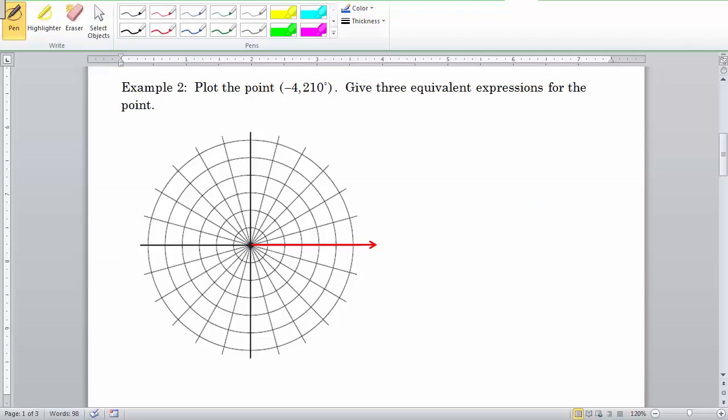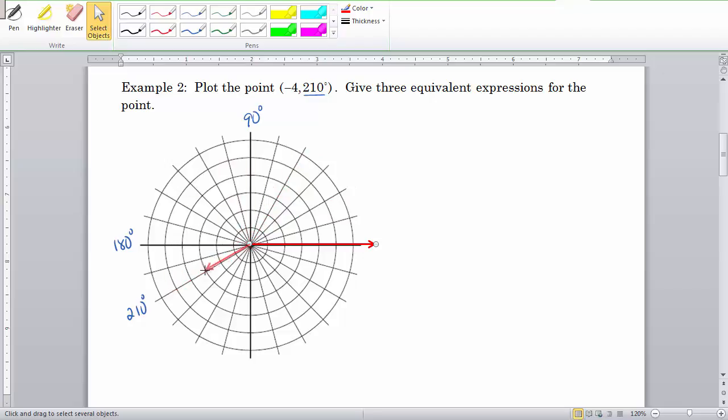So let's see if we can do this problem. Again, it might help to label where 210 degrees is. Remember, this is 90, and this is 180, plus 30, this is 210 degrees. So I want to think about rotating all the way here.